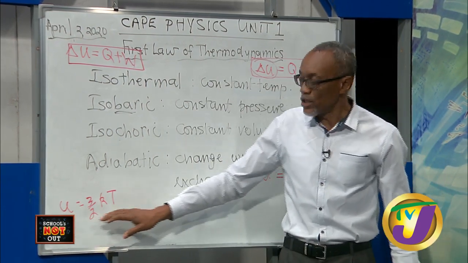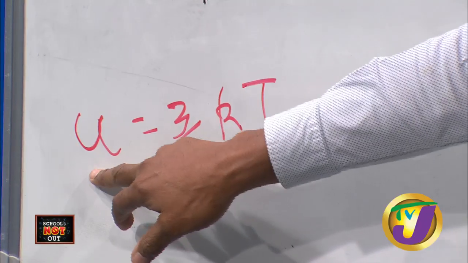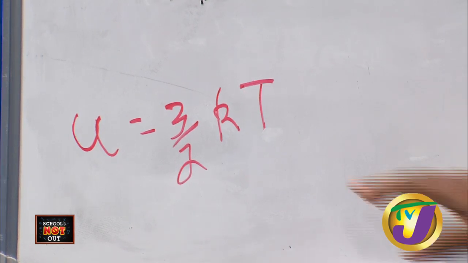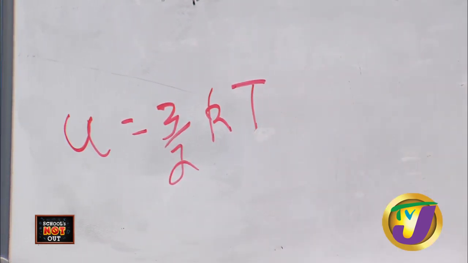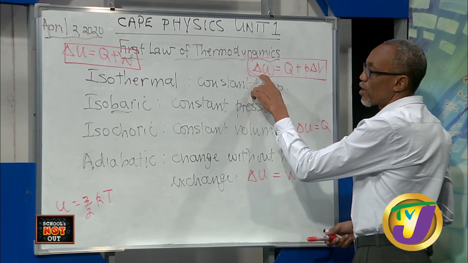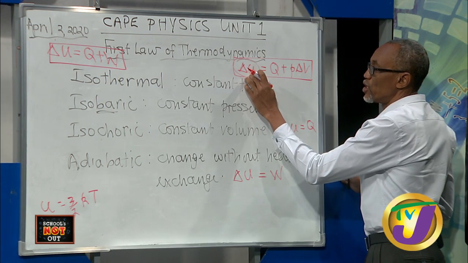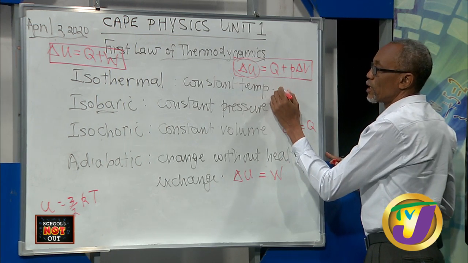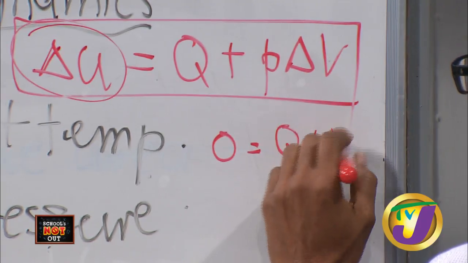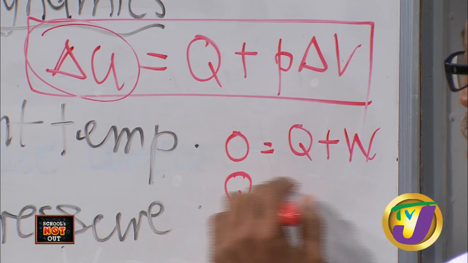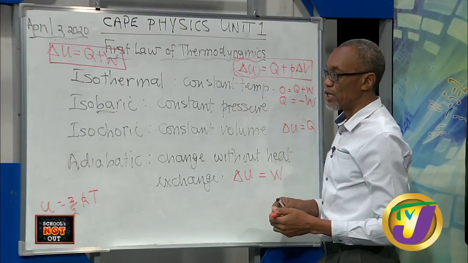If there is no change in temperature, then there would be no change in the internal energy, because the internal energy is a function of the thermodynamic temperature of that gas. And so for a constant temperature process, delta U is 0, so 0 is equal to Q plus W, or Q is equal to negative W for an isothermal change.